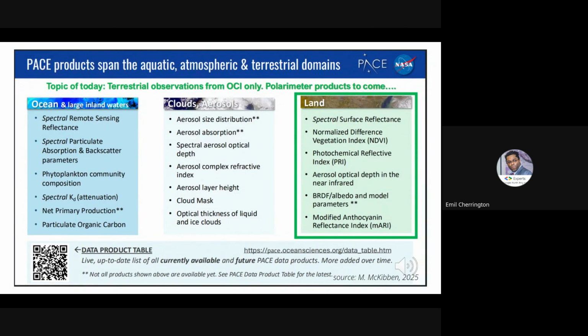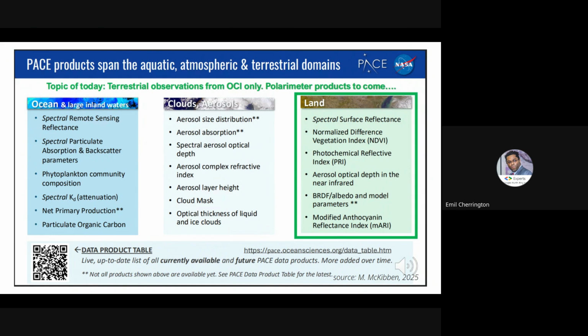As Morgane and Sky and Fred have already presented, there are a number of different PACE data products which are relevant to this ForestSat forest remote sensing community. In particular, there are a number of data sets covering the land surface.